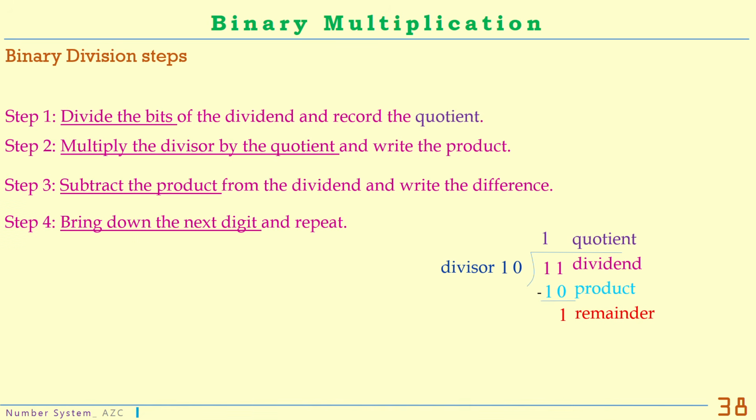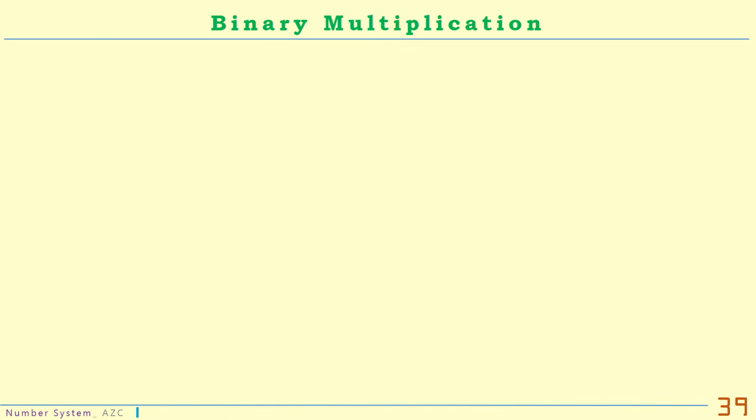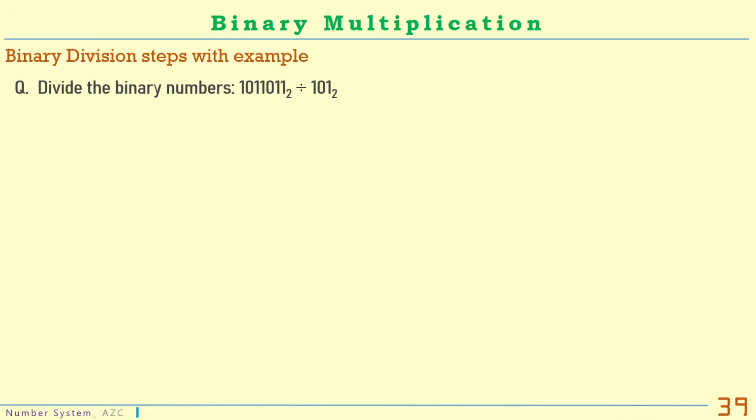Step 4 is bring down the next digit and repeat. Binary division steps with example. Divide the binary numbers 10111011 divided by 101.